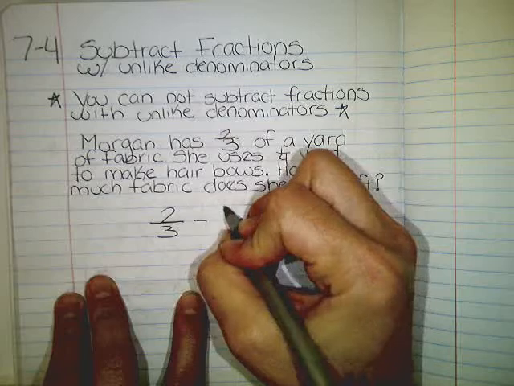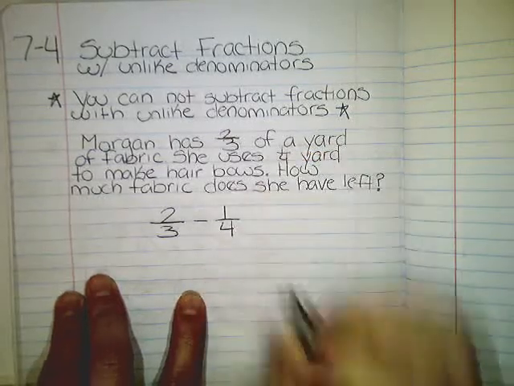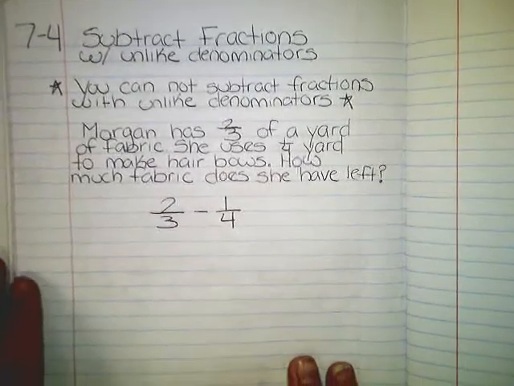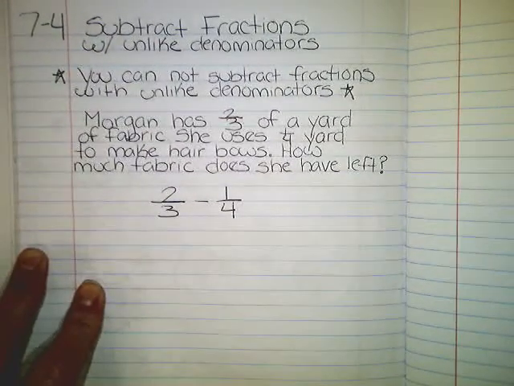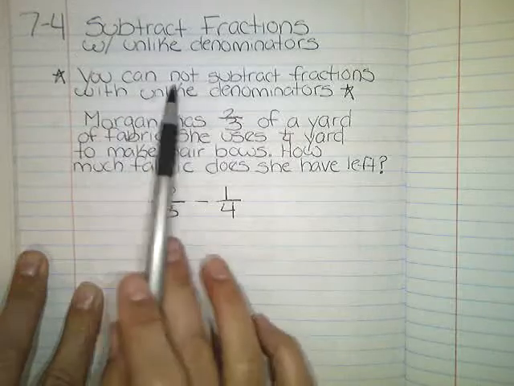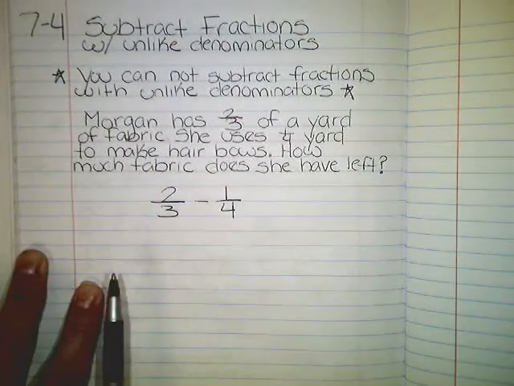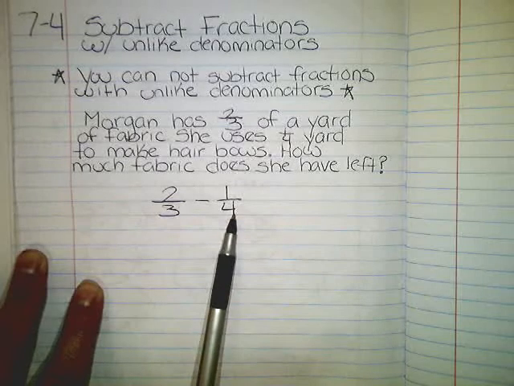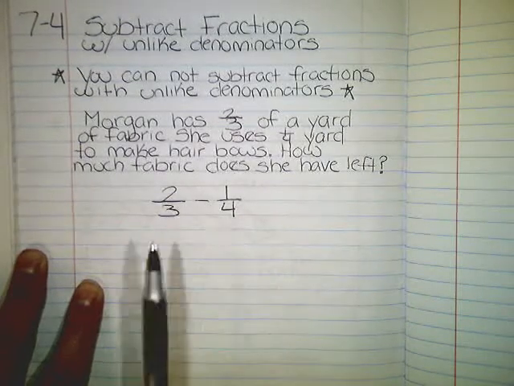So we're going to take away 1/4. According to that golden rule, you cannot subtract fractions with unlike denominators. 3 and 4 are not matching denominators.